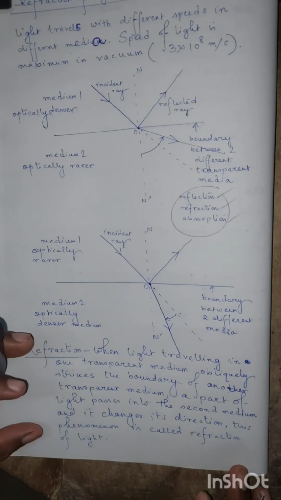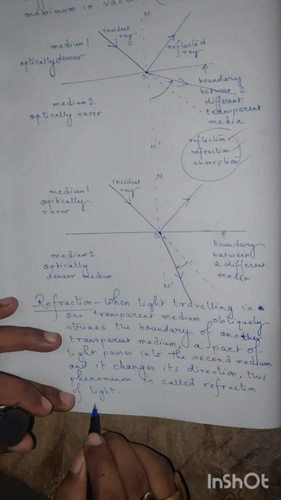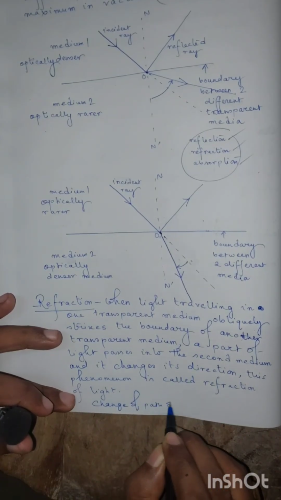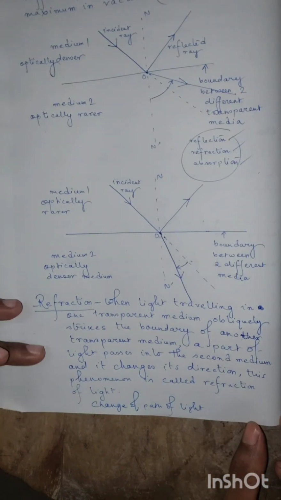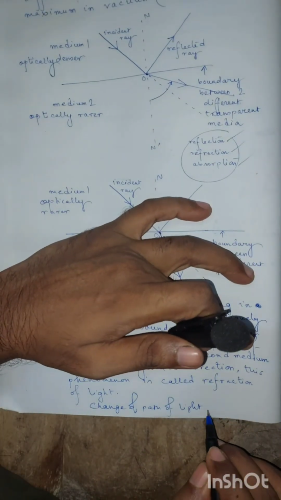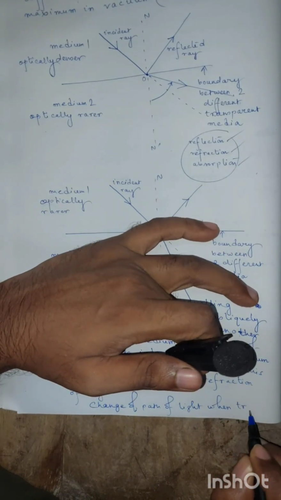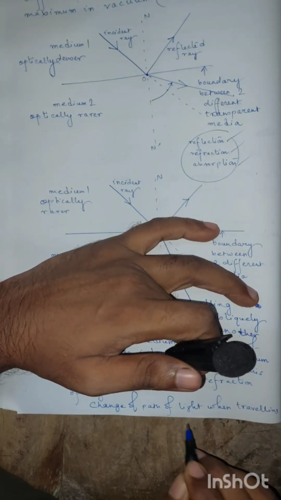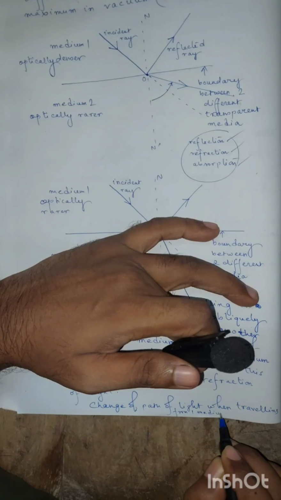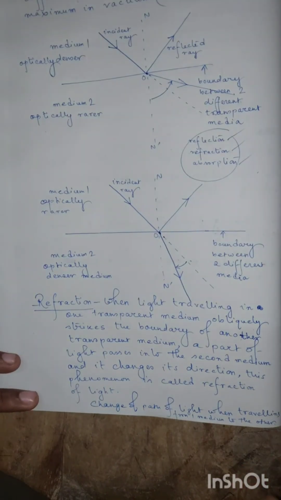This phenomenon is called refraction of light. Okay, that means refraction means change of path of light when traveling from one medium to the other.